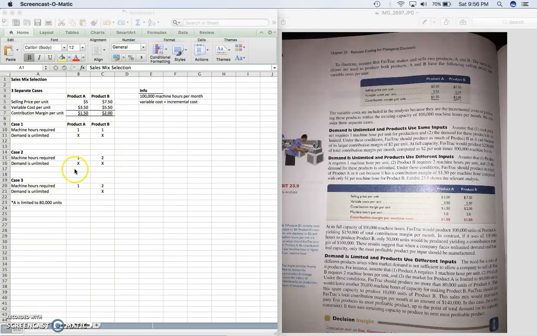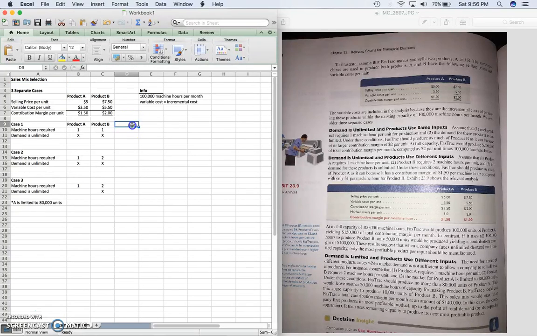So in this case, Fast Track would choose product A, because it produces $150,000, whereas in case one, choice B produced $200,000.